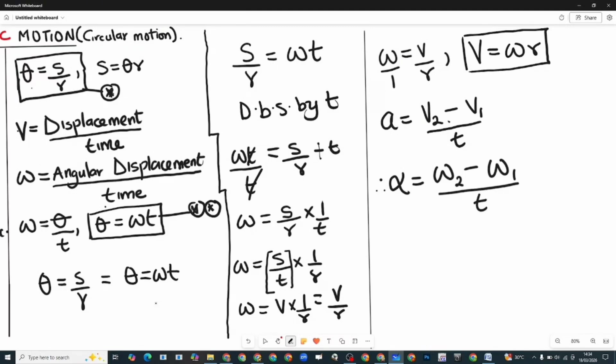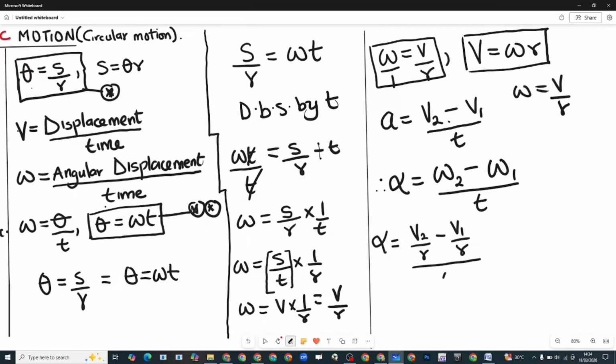We know angular velocity omega is v over r, so I can substitute: v2 over r minus v1 over r, all divided by time.